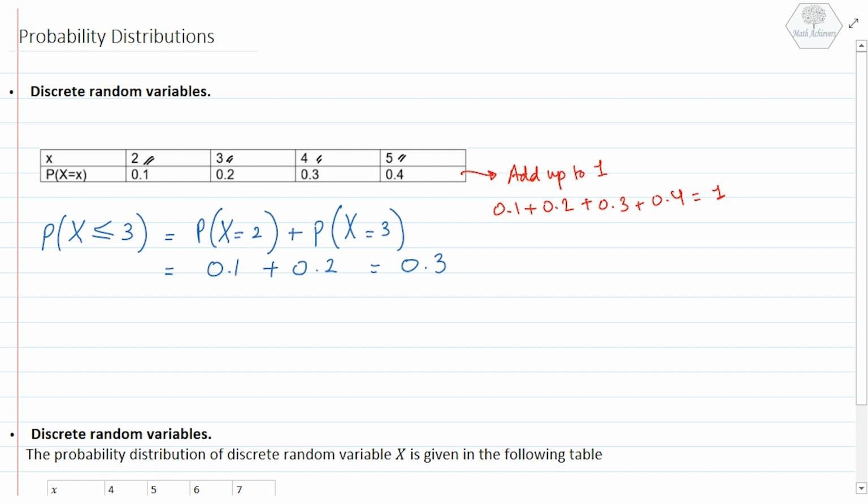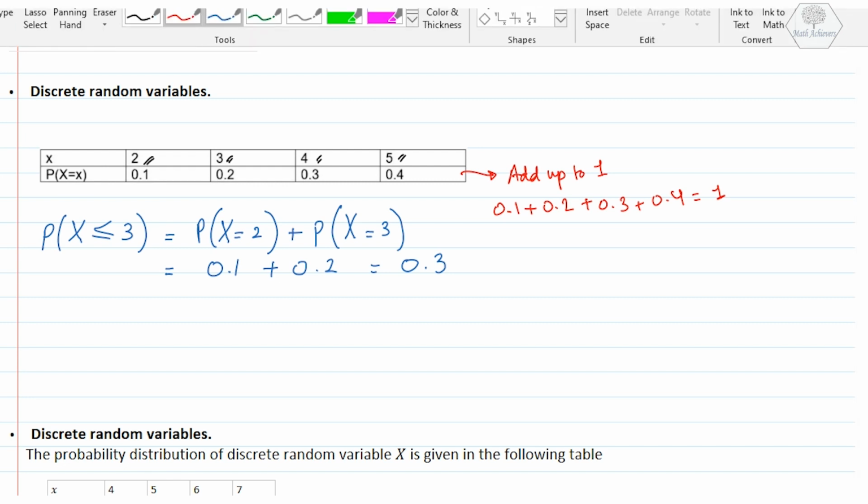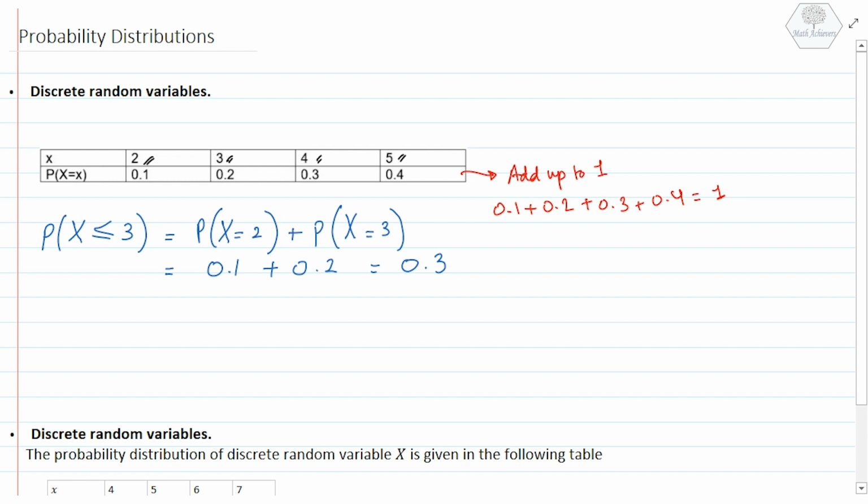Moreover, it is very important for us to know how to find the expected value or the mean of x.